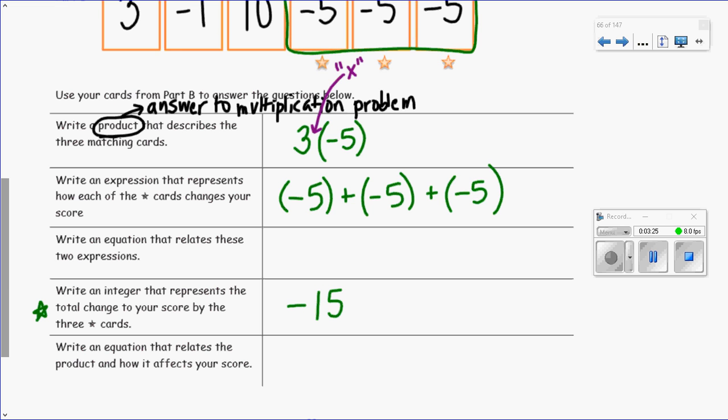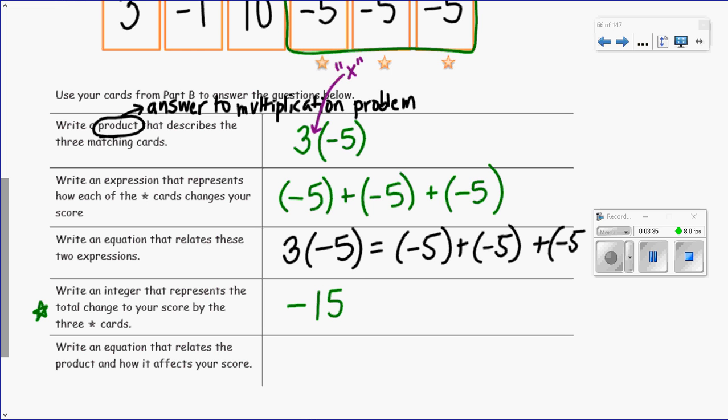Okay, and all this, this one that we skipped, is saying that 3 times -5 is equal to -5 plus -5 plus -5, just like you learned with multiplication in the past. And then the quick equation down here is that 3 times -5 will change my score by -15. Okay, not too bad.